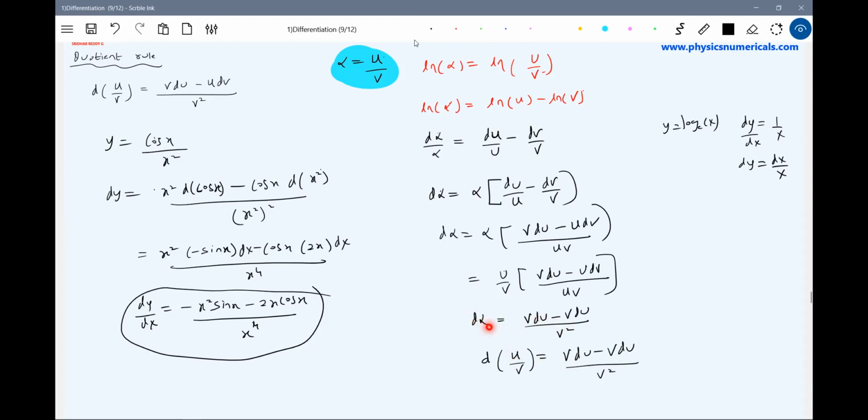What is alpha? Alpha is a ratio. If u and v change, correspondingly its ratio also should change. So if there is an infinitesimal change du in u and dv in v, then what is the infinitesimal change in alpha, in the ratio, is what we are trying to express.